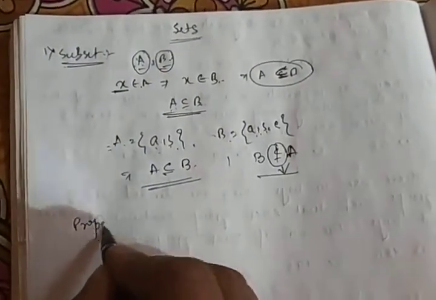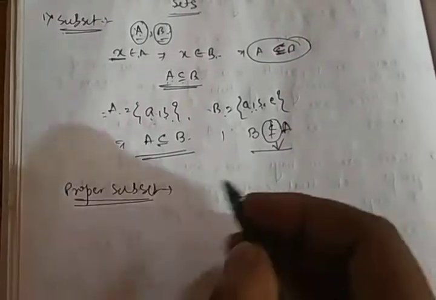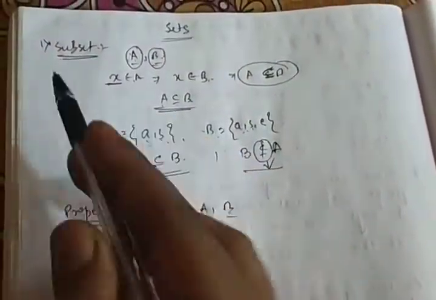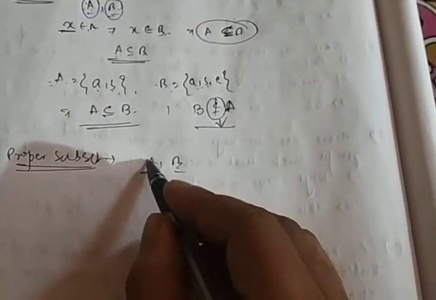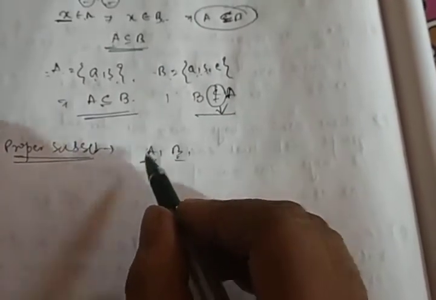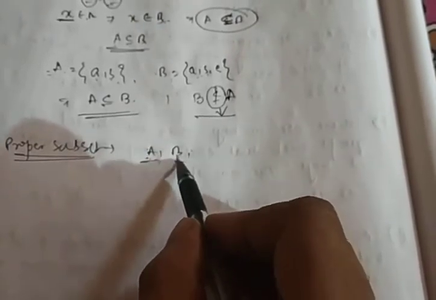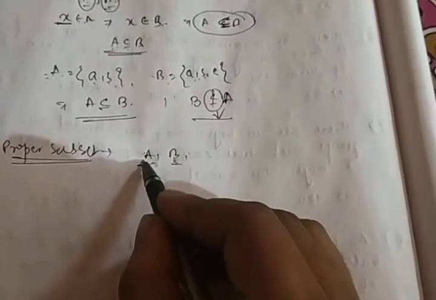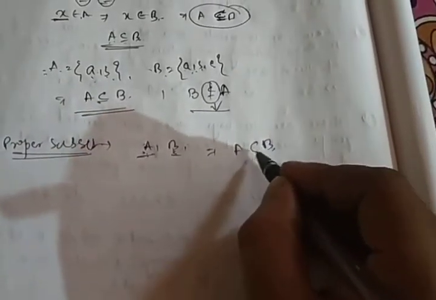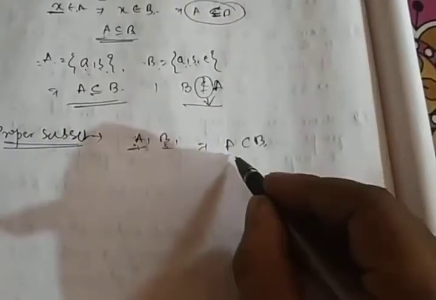The definition of a proper subset: if A and B are two sets, and every element of A belongs to B, but there is at least one element in B which does not belong to A, then A is called a proper subset of B. The equal sign does not count.